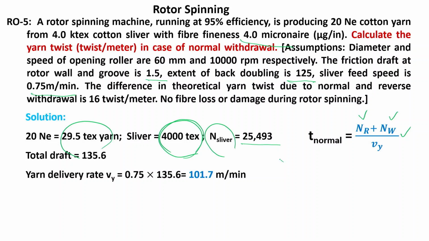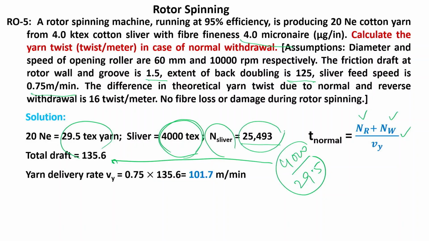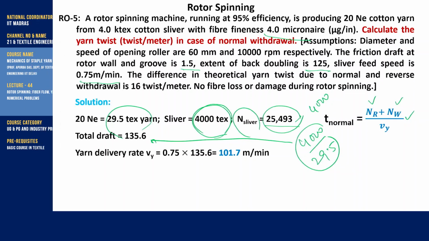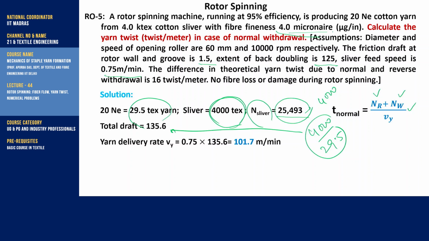So, 4000 divided by 29.5, it is coming out to be 135.6, and the number of fibers in sliver will be calculated from the 4000 tex. Theoretically it is 1.5, back doubling is given.